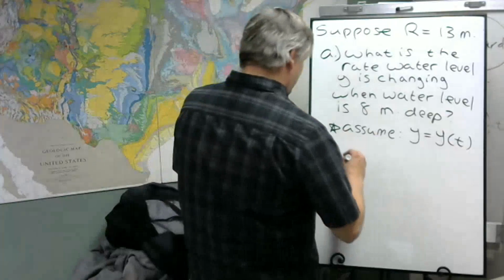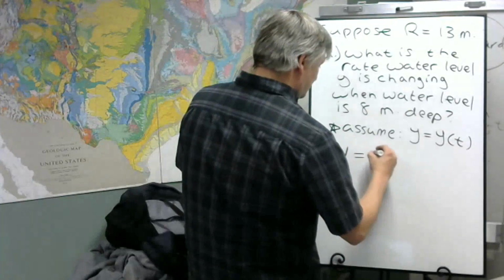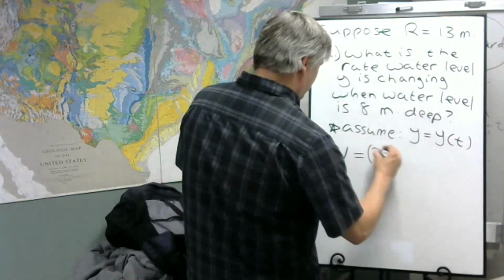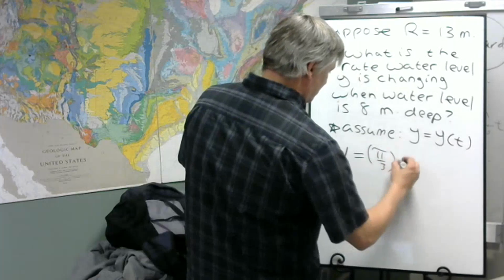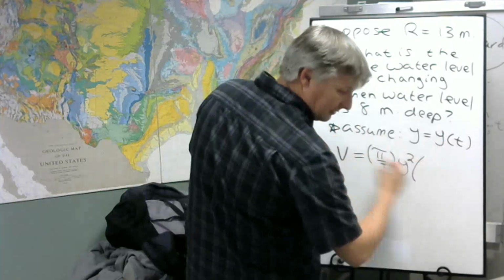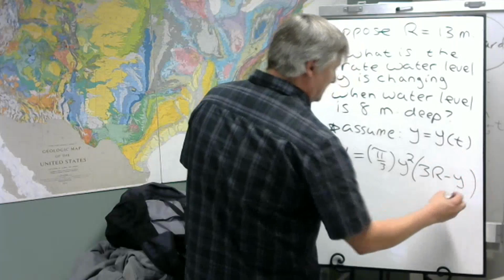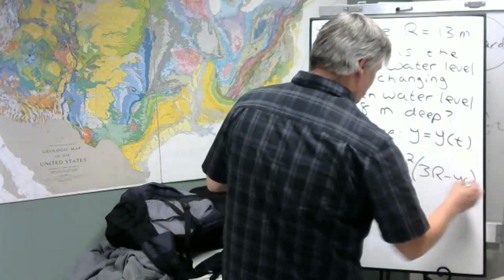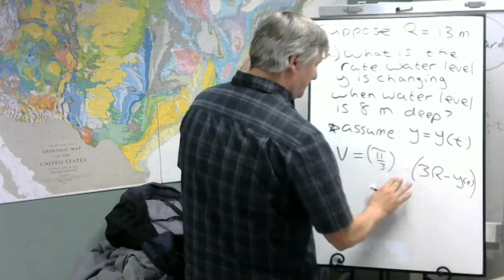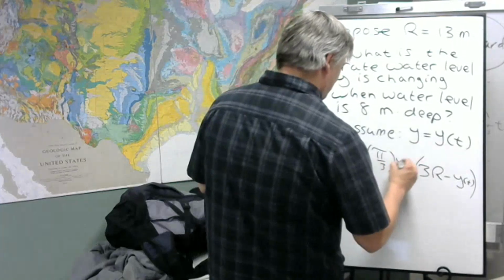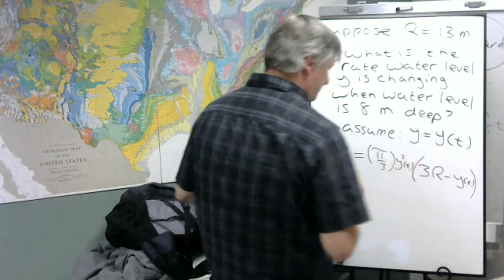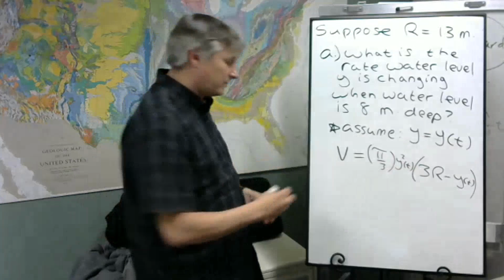So V is pi over 3 y squared times (3r minus y). This is now going to be a y of t. Squeeze in a y of t here, and we can take the derivative of both sides.